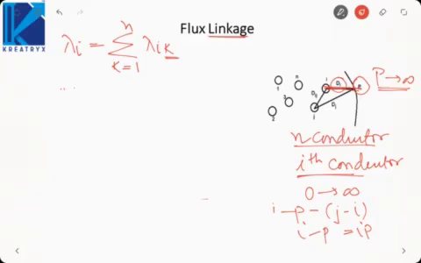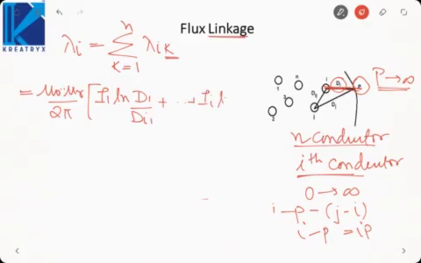So that will be equal to mu naught mu r by 2 pi I1 ln d1 by di1, similarly Ii ln di by dii, plus In ln dn by din.